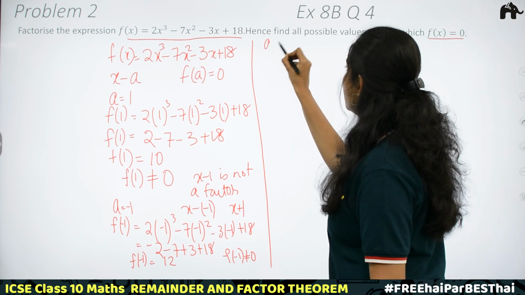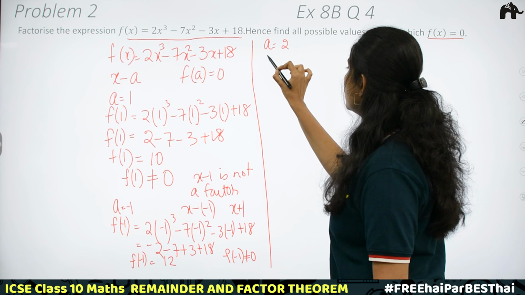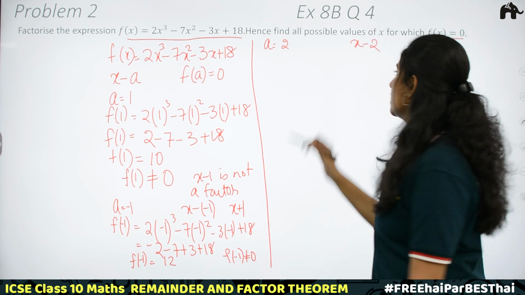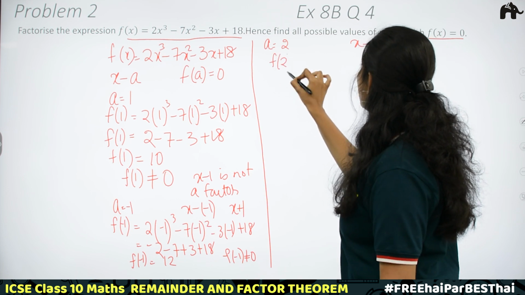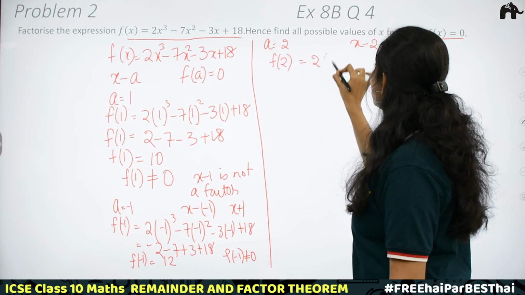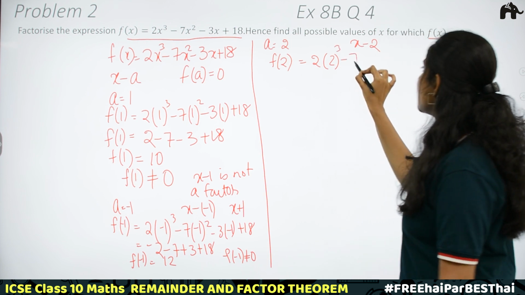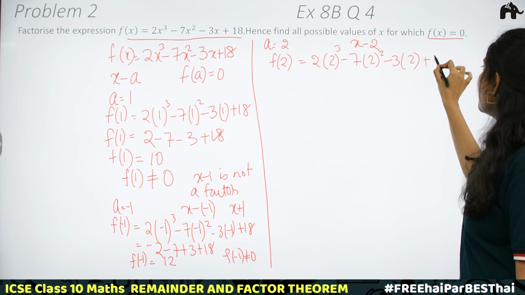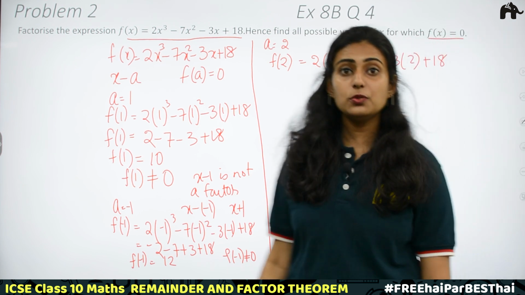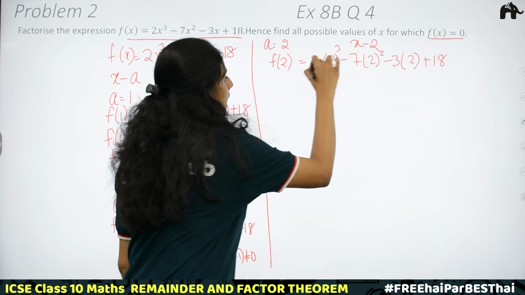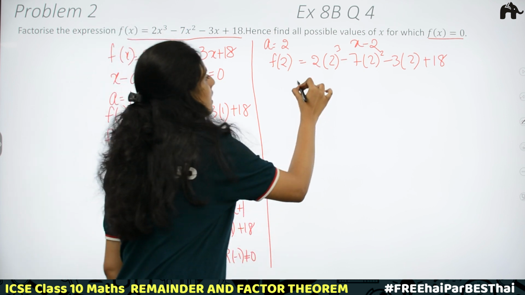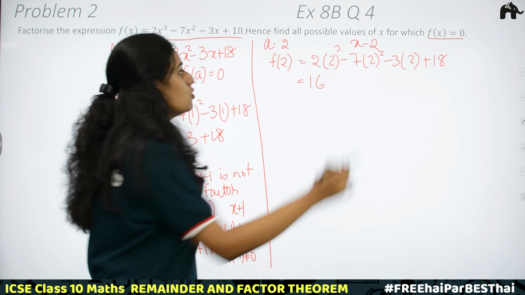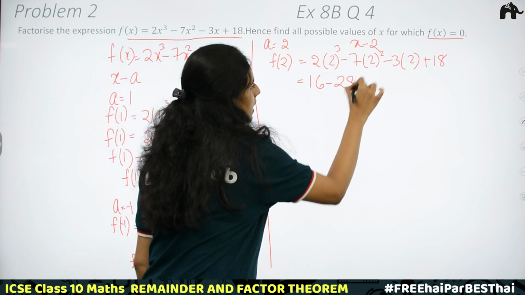Now we'll try a is equal to 2. That is, if x minus 2 is a factor of the expression. What is f of 2? f of 2 is equal to 2 into 2 cube minus 7 into 2 square minus 3 into 2 plus 18. 2 cube is 8. 8 into 2, 16. 2 square is 4. 4 into minus 7, minus 28.